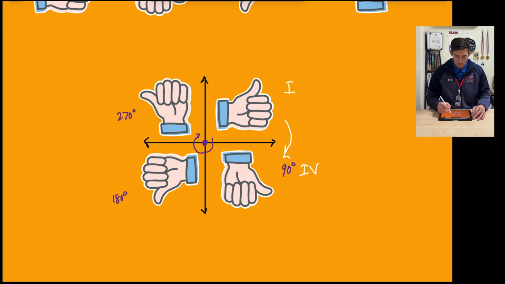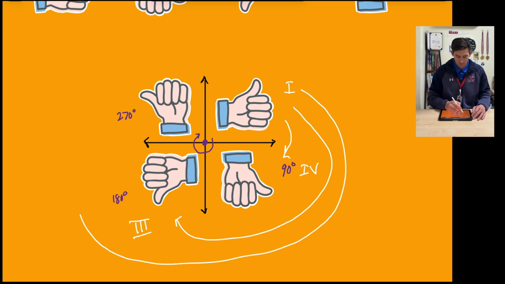And if we wanted to do a 180, we would go all the way here to quadrant 3. And then if we wanted to do a 270, we would end up here in quadrant 2. Okay, so we can see this angle of rotation or the point of rotation here in the middle, which would be the origin, and notice how we are rotating here clockwise.